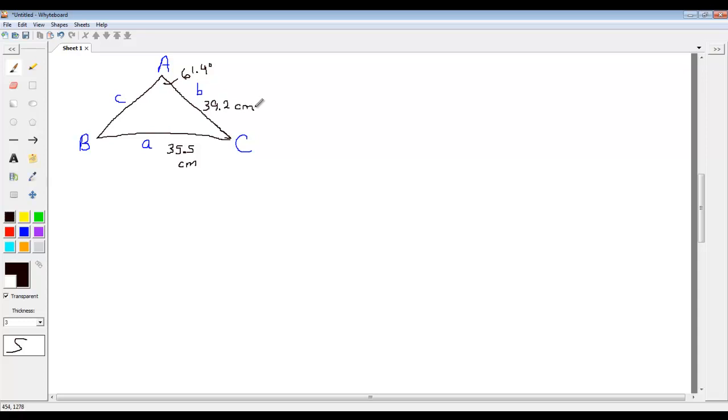Okay, we're going to start trying to use the law of sines to find our missing information. So we can start out with sine of 61.4 degrees, sine of A, over 35.5 centimeters, side A, equals sine of B over side B, 39.2 centimeters.